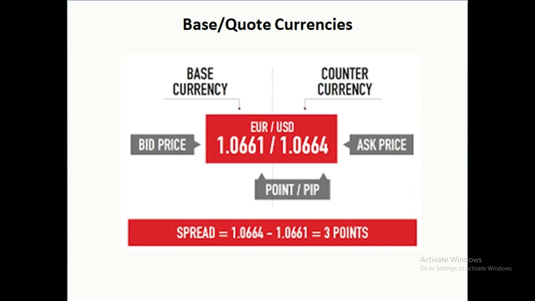If we are calculating the spread, we just subtract the bid price from the ask price, which is 1.0664 minus 1.0661. We have 3 points or 3 pips here. So to calculate the number of pips, just subtract the bid price from your ask price. I will explain further with a gold pair in the next slide.